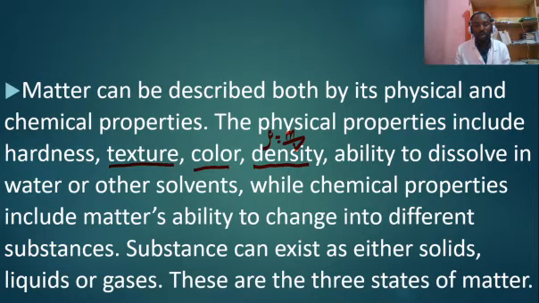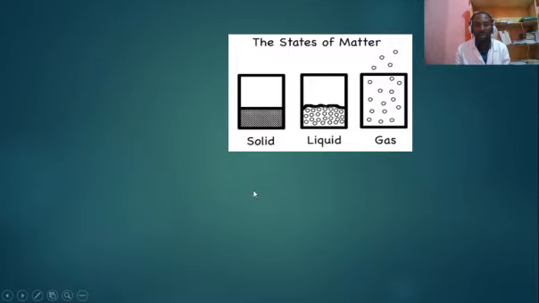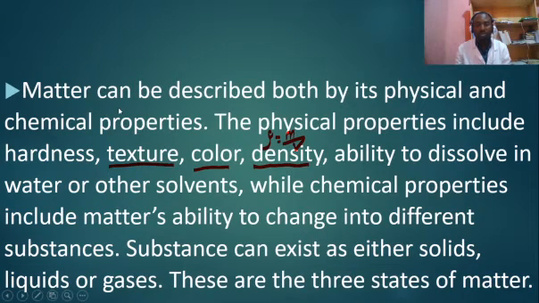Now we can talk also about the chemical properties. The chemical properties of matter. So chemical properties include matter's ability to change into different substances. There's a possibility for matter to be converted to different substances.